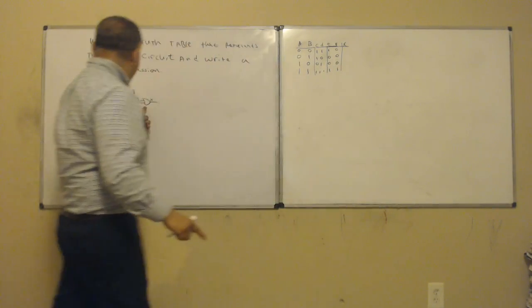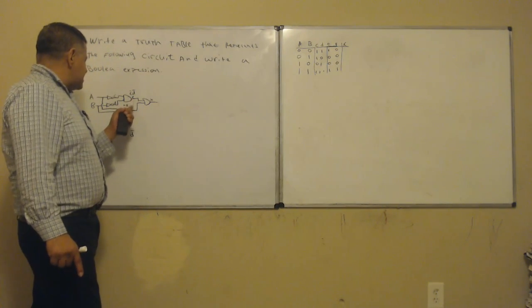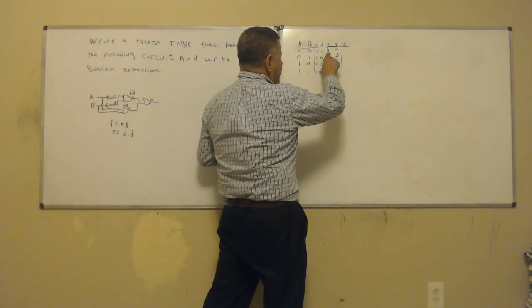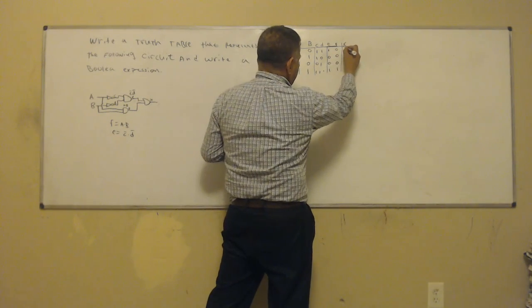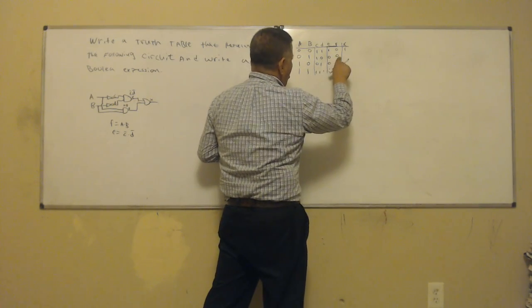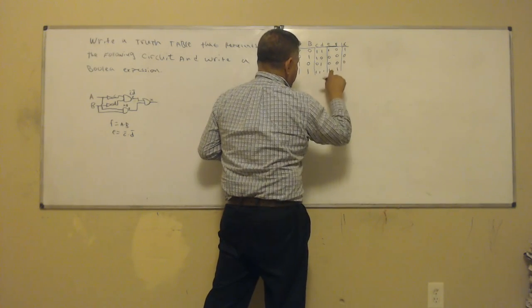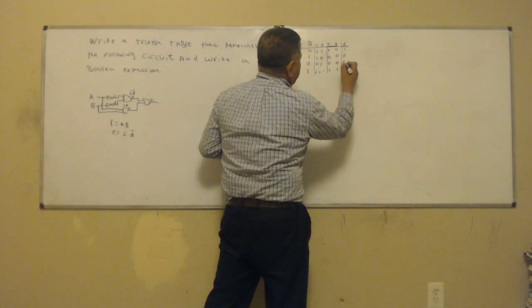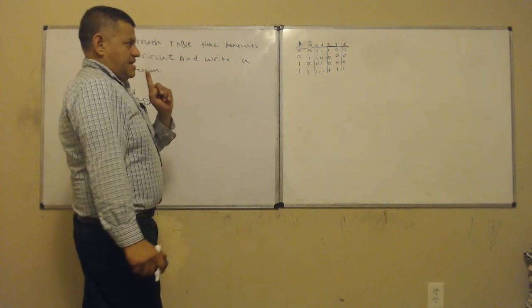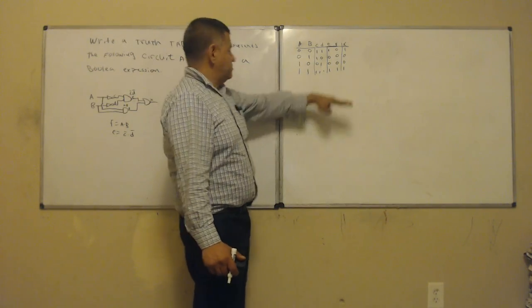Now, look at this. 1 or 1 is 1, or 0 is 1. 0 or 0 is 0. 0 or 0 is 0. And 1 or 1 is 1. Okay. Now, the last step is to write. So we have now the truth table.